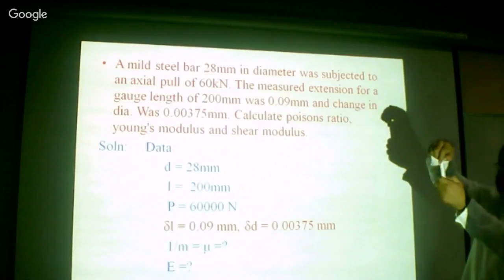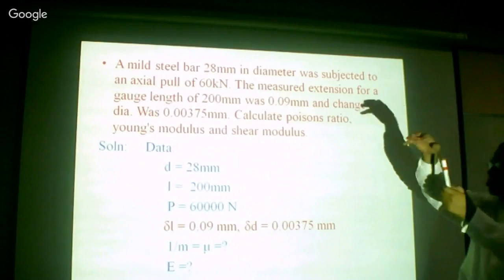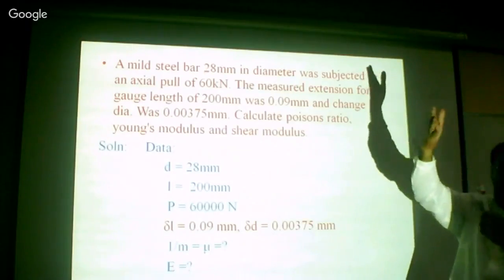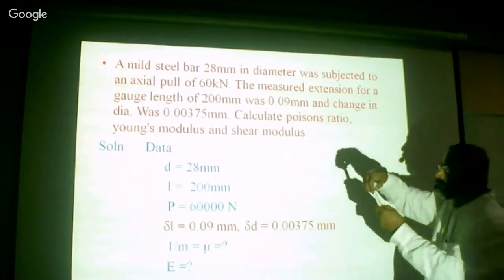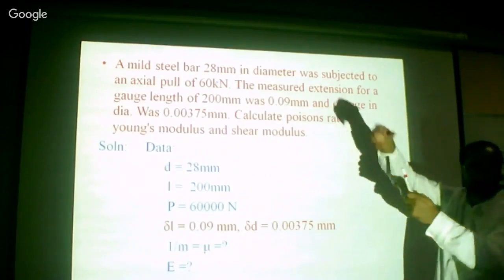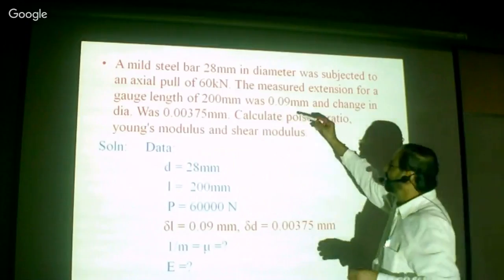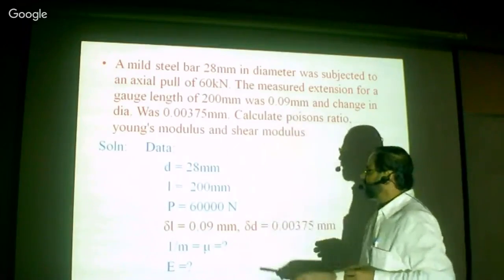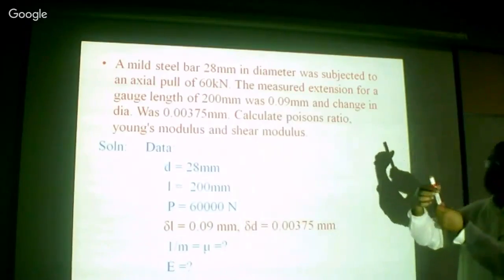In this gauge length, in the laboratory, they have measured the extension, change in length delta L, in the 200 mm gauge length. They have measured the extension as 0.09 mm. Now, collect all the data. They have also measured the change in diameter.